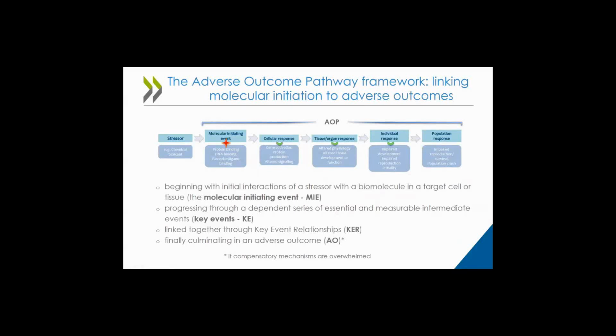The key events are linked together through a description of the key event relationships and culminating with possible adverse outcomes, which can be at different levels of biological organization, outcomes that regulators generally use to make safety decisions at the organ or individual level for human health decisions, and at the individual or population level for ecological health decisions.